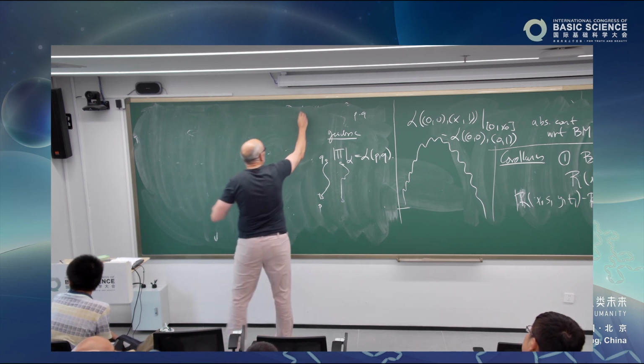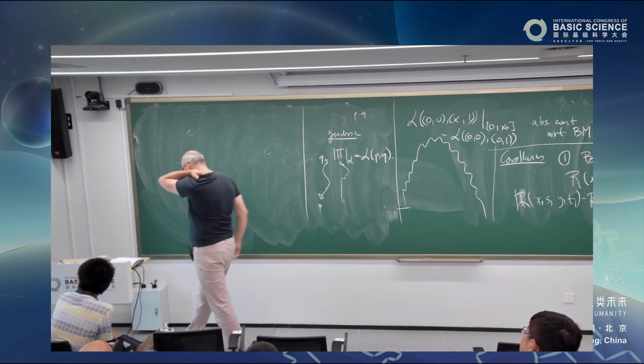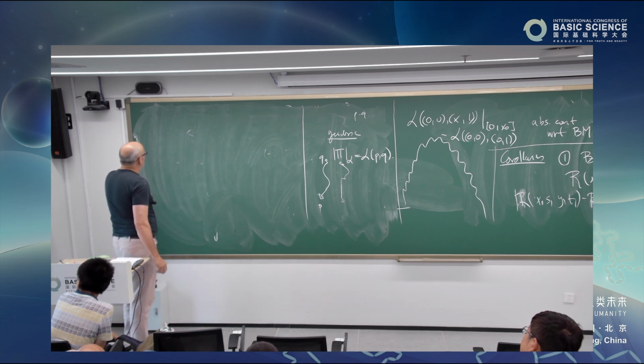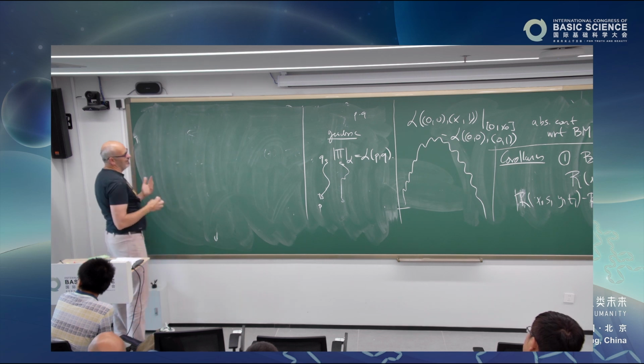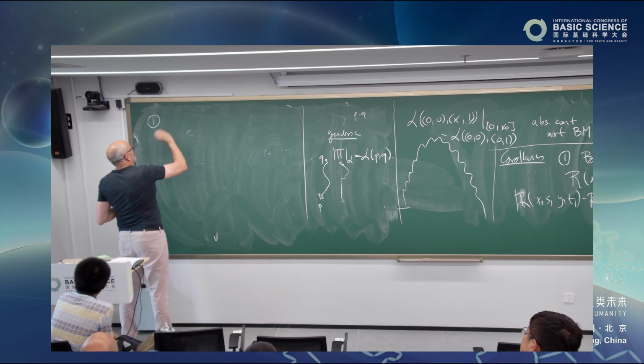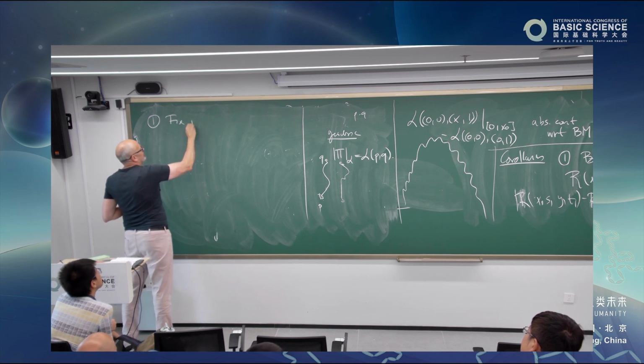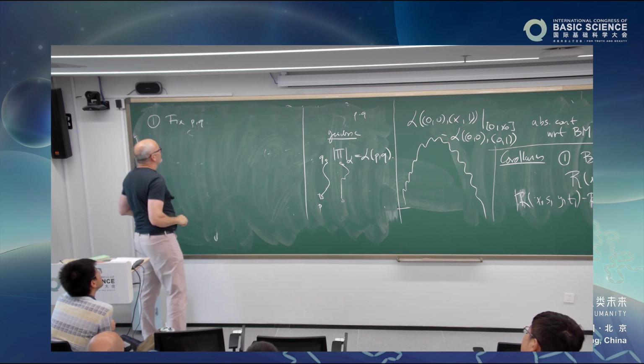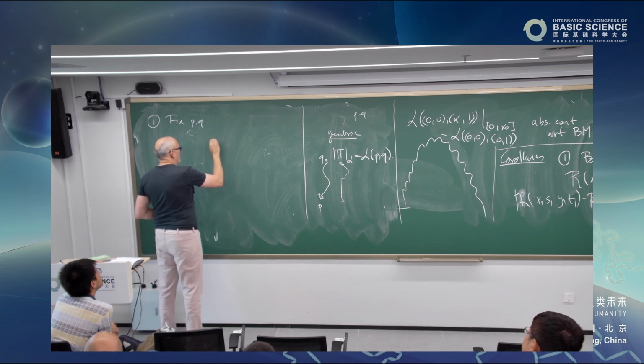And the main clue to that is basically two things. So let me just give you a brief overview. One of them is that, fix P and Q here, those are two points.